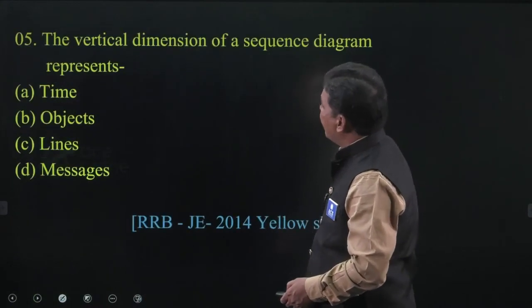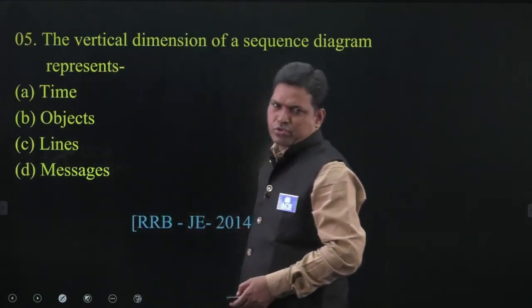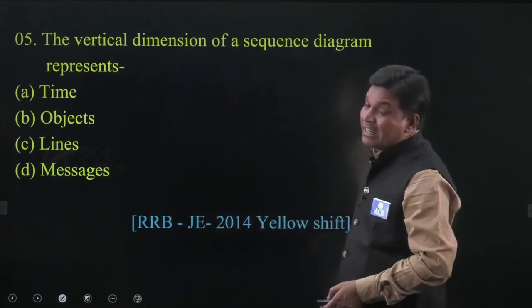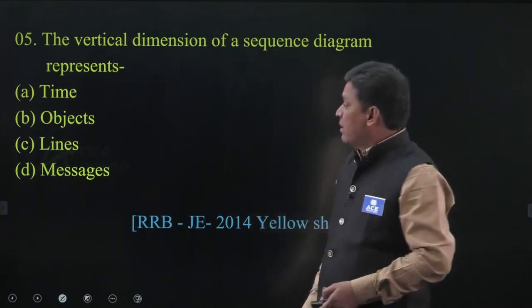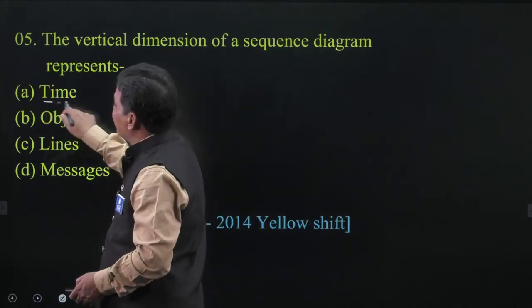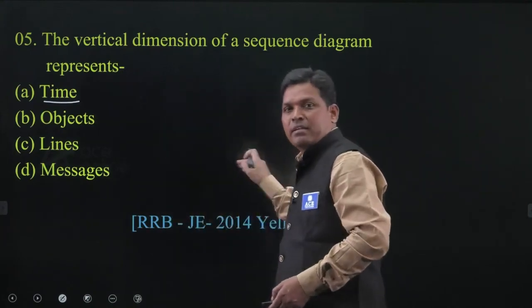Next question: the vertical dimension of a sequence diagram represents what? Just now we discussed the sequence diagram. The vertical dimension represents time, that is, the dispatching of messages among objects in a sequential manner. Is it clear?